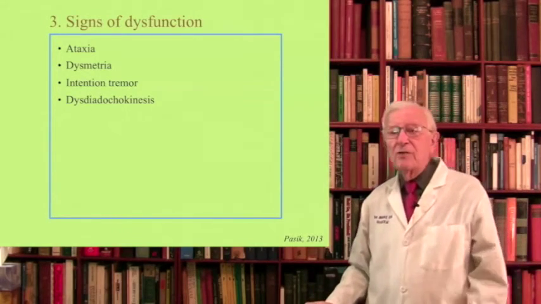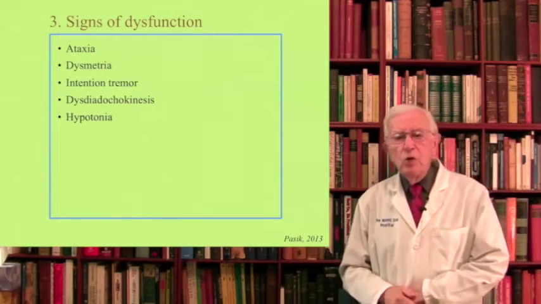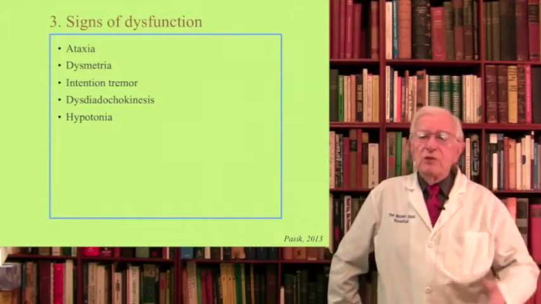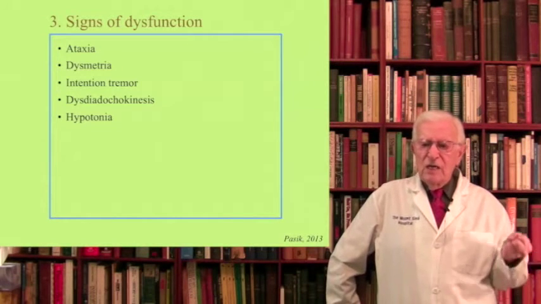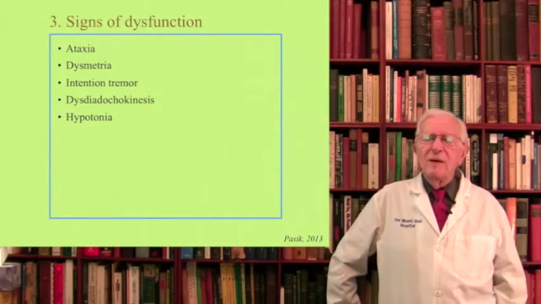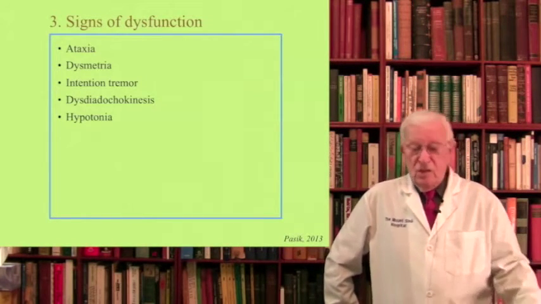So that's dysdiadochokinesis. Then, when you test muscle tone, and remember that muscle tone, let's say in upper motor neuron disease, is essentially an increase of muscle tone. Everything is stiff, particularly anti-gravity muscles and so forth. And in basal ganglia disease, this is rigidity.